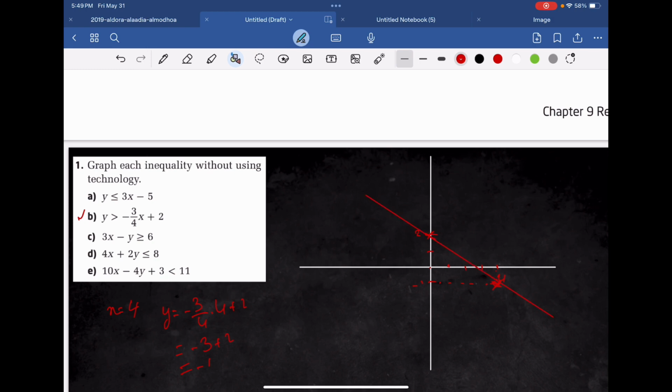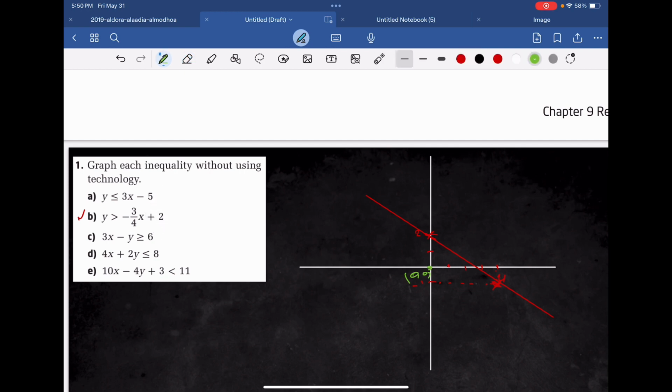So now I will draw my line that goes through these 2 points that I just found, and same strategy, I will see if my point 0, 0 is included. If I apply x is 0 and y is 0, will it be satisfied in this equation?